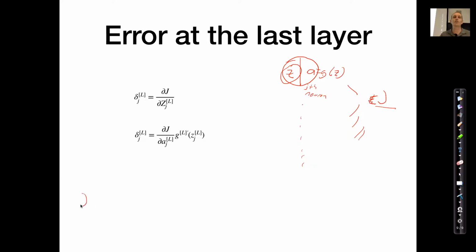You'd have to look at what J equals, let's call this J of y hat, comma y, perhaps, equals some function. We can determine what J prime is with respect to y hat. And y hat could very well be just the output of this if we had one neuron.